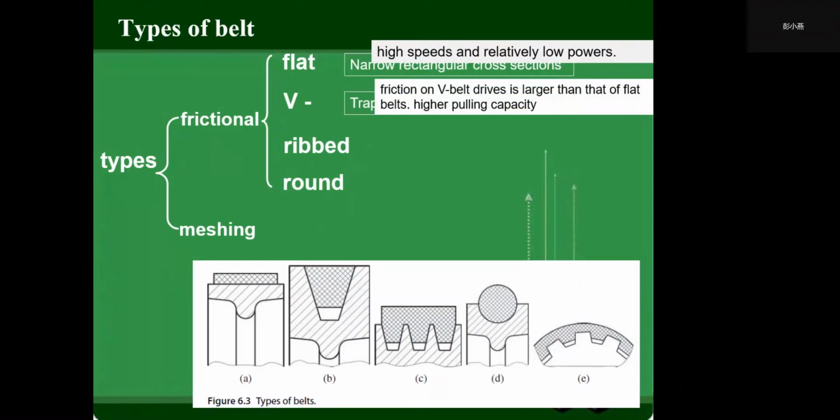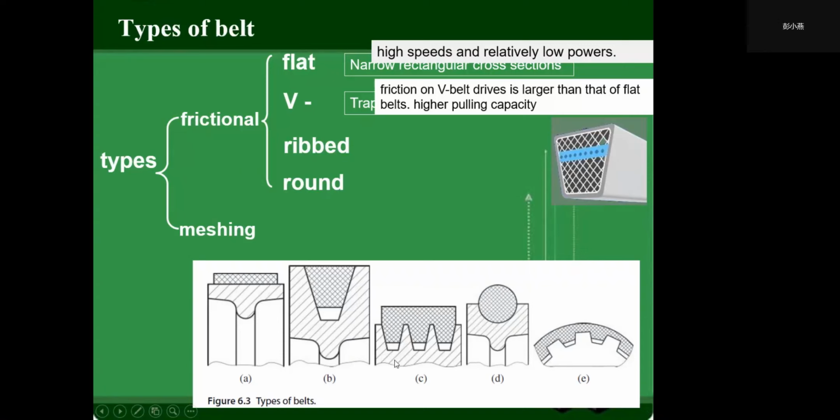A rippled belt combines a flat belt with V belt. The flat belt section carries loads, while the V belt section provides grip on the sheave.